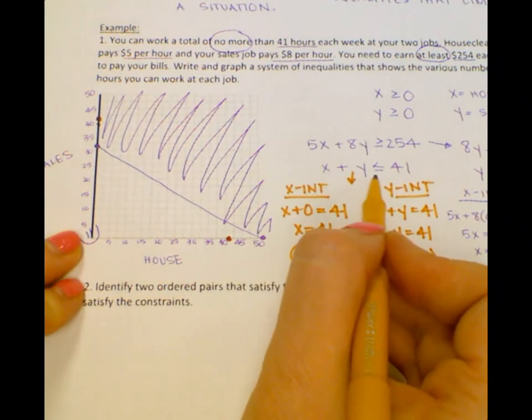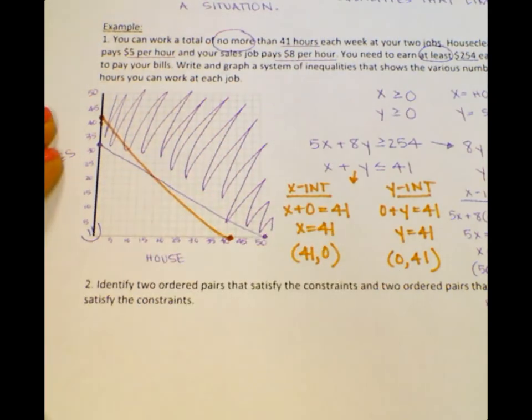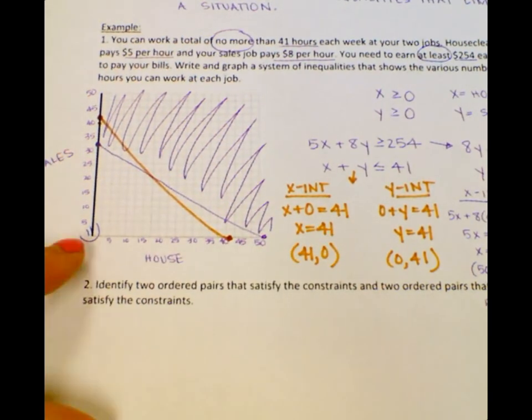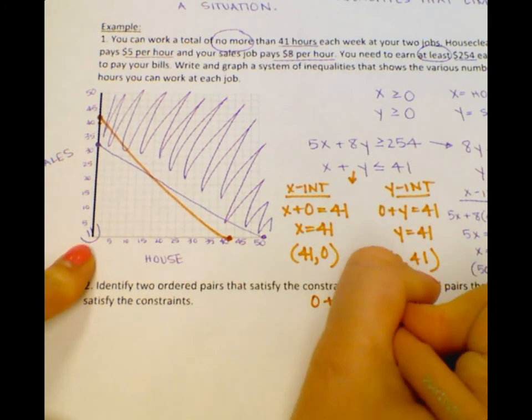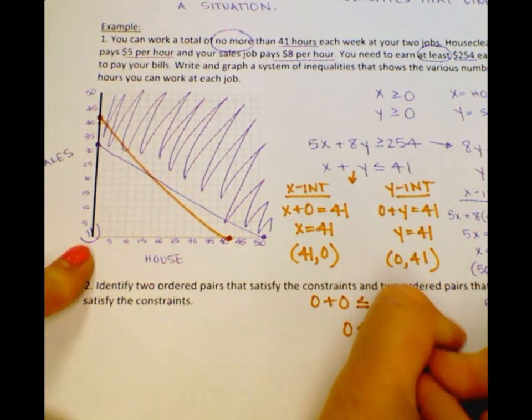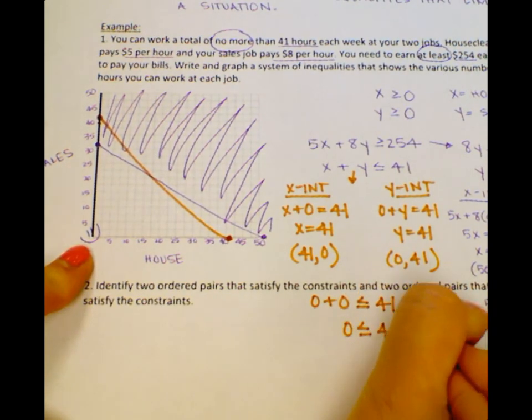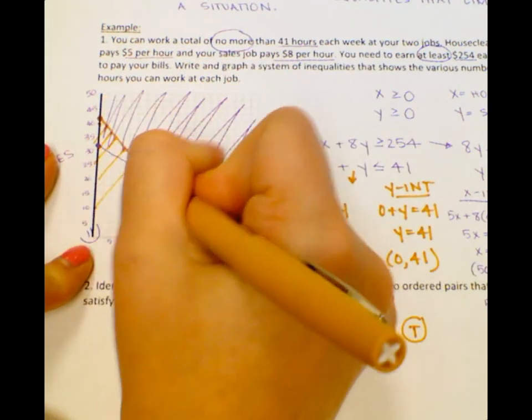All right, let's look at the inequality. It's got the less than under it, so I know. All right, let's put a 0, 0 in. So I'm going to have 0 plus 0 is less than or equal to 41. So is 0 less than 41? Yeah, it is. So I'm going to be shading with my smiley.